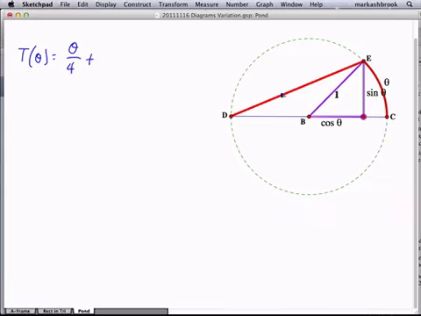Plus dE over 2. And we said dE squared is sine squared. Oops, you're right. This is squared here.